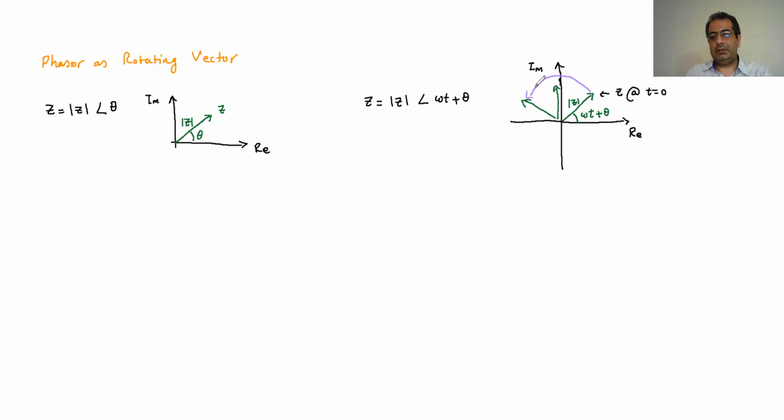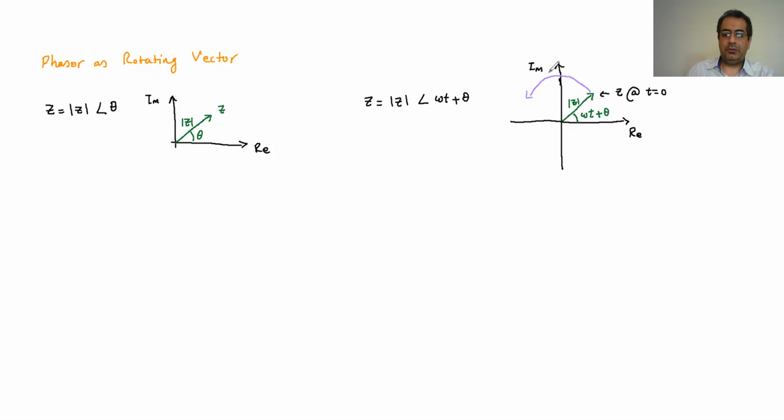As the t increases, this vector starts to rotate. So when we insert the time dependent factor in here, instead of a constant vector, we have a rotating vector, because as the t changes, the angle changes. So keep changing the t, keep changing the angle.